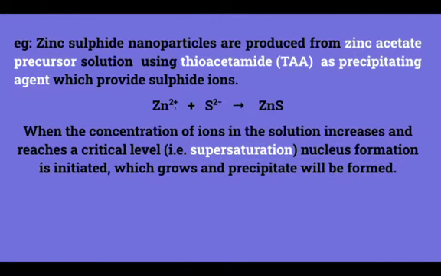When the concentration of the ions in the solution increases and reaches a critical level, that is supersaturation level, nucleus formation is initiated. It grows and precipitate will be formed. So this is how zinc sulphide nanoparticles are produced using precursor zinc acetate solution and the precipitating agent thioacetamide.